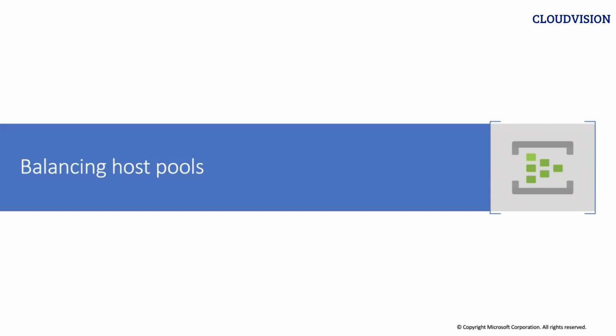Similarly, the Azure Virtual Desktop is also as good as an application. Why? Because within the Azure Virtual Desktop, the customer is responsible for setting up the host pools. And the host pool is nothing but a collection of session host servers.